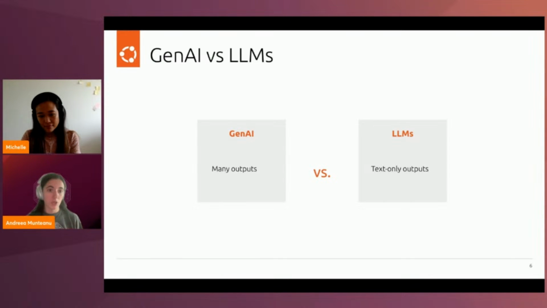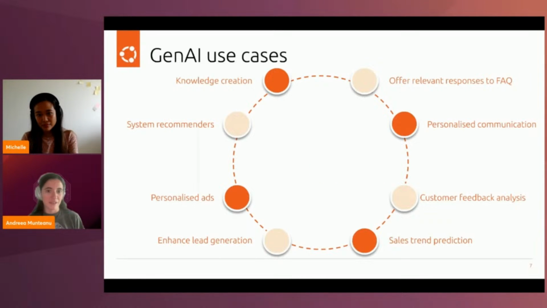Gen AI goes beyond it, and I know Michelle has prepared some examples that go beyond just text and chatbots towards image generation, video generation. I'm almost curious what will be the next thing that Gen AI will be able to generate.